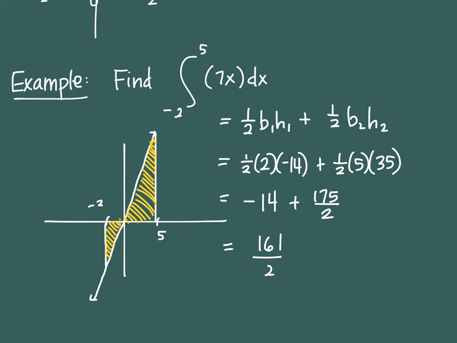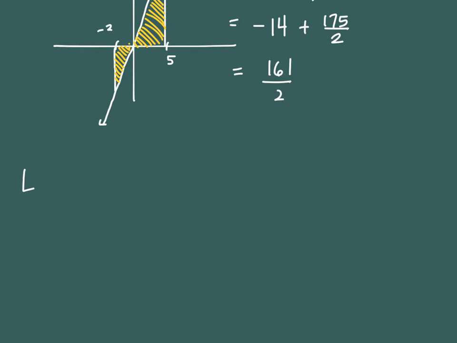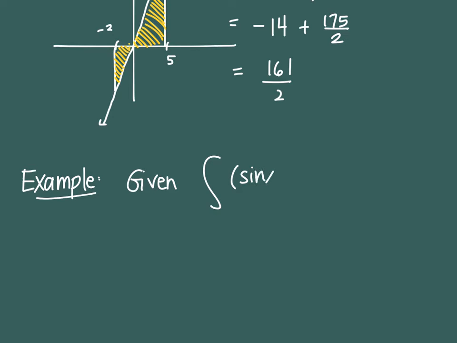So your shapes are going to be triangles, trapezoids, rectangles, circles, semicircles. Okay, let's consider this shape. All right, given the shape of the sine function. So we all know what the wave of the sine function looks like. That shape of the sine function going from 0 to pi has a given value of 2.